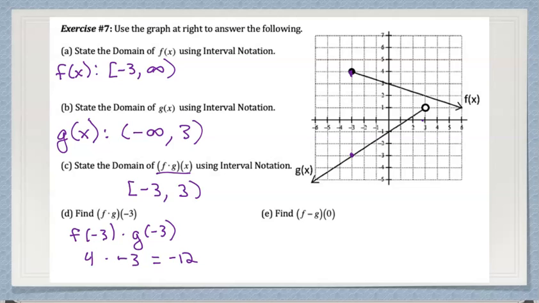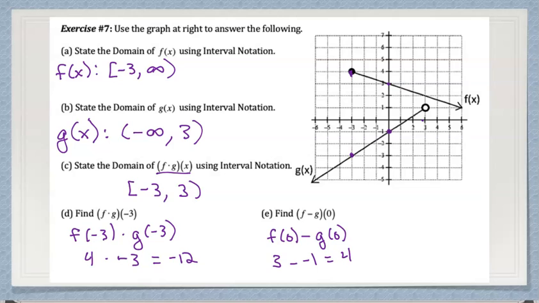All right, if I'm finding f minus g of 0, well, I'm finding f of 0 minus g of 0. F of 0 is 3. G of 0 is negative 1, so 3 minus negative 1 is 4.